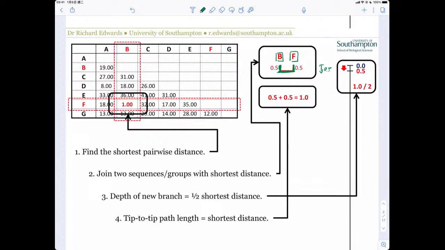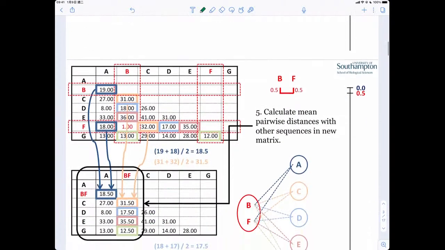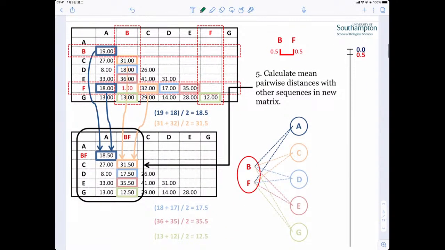Okay, so the second step is right here. We would like to rewrite the distance matrix.